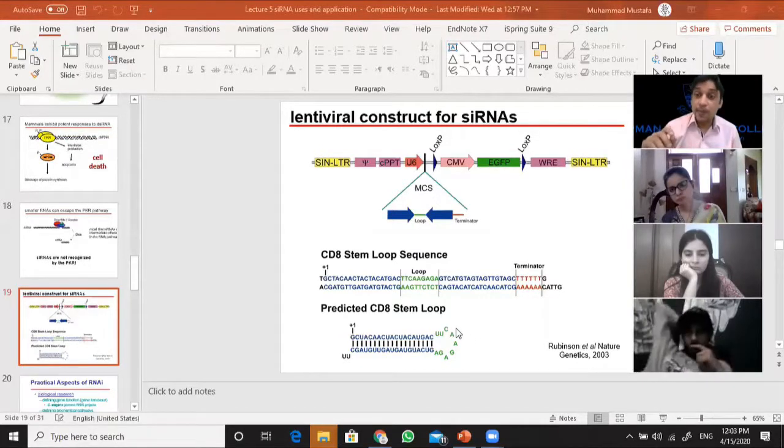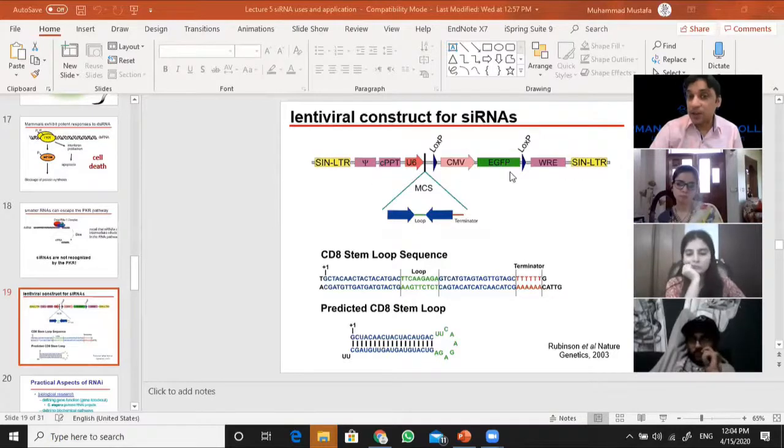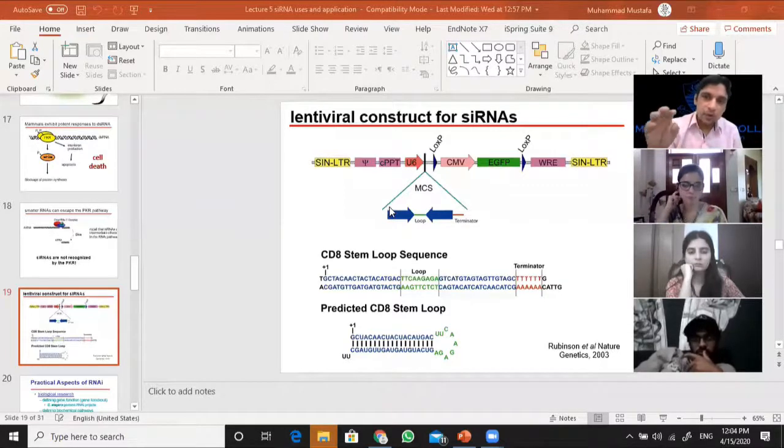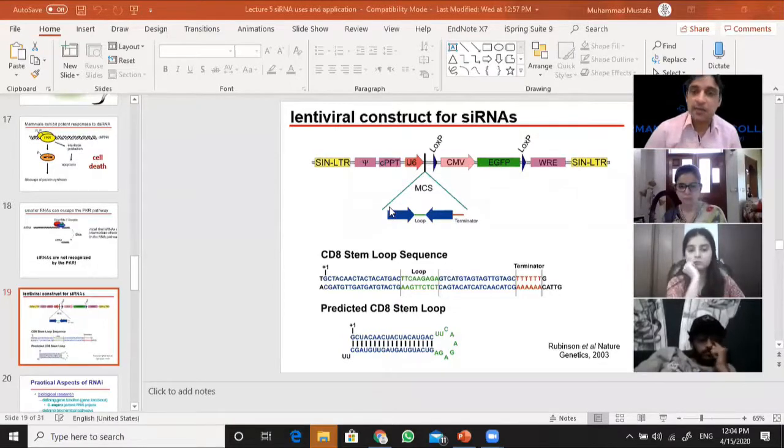So this is a stable way of silencing a gene within the cell forever, by supplying a vector which can produce that stem loop structure as long as the cells survive. The other way, the temporary way, is to keep giving the small interfering RNA to the cellular system. As long as you are sending the small interfering RNAs, you are down regulating the function of a gene.